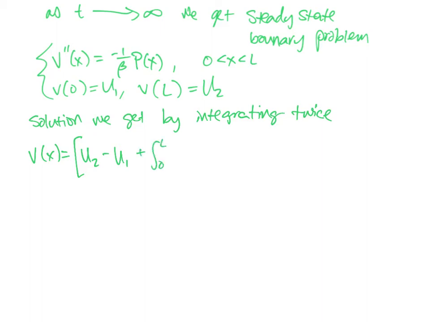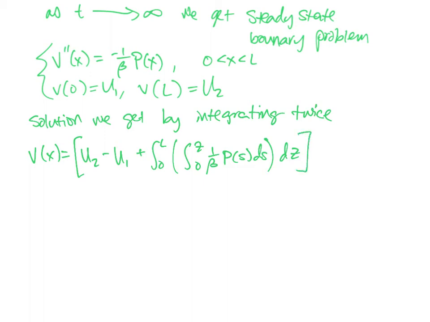So integral from 0 to L of integral from 0 to z, 1 over beta p of s ds dz, and this is just because we had to integrate twice.